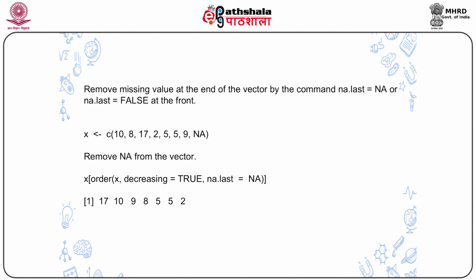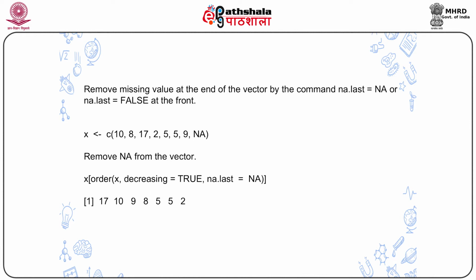So, now the vector x looks like this. Here is our x. To remove NA from the vector, we will put na.last = NA within the existing code, and the updated code will look like this along with the output.